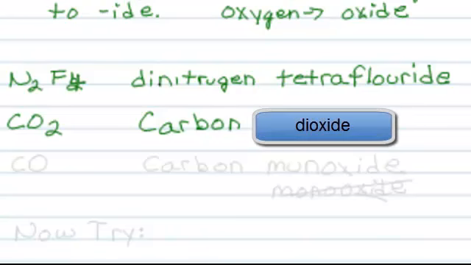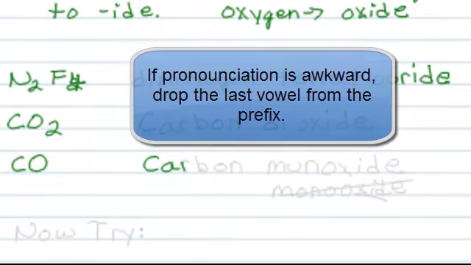And oxygen becomes oxide. Now, occasionally you get one where if you said the whole prefix and the whole second part of the name, it would be awkward. So in this case, again, it's carbon at the beginning because there's only 1, so you don't do the mono. There's 1 oxygen.